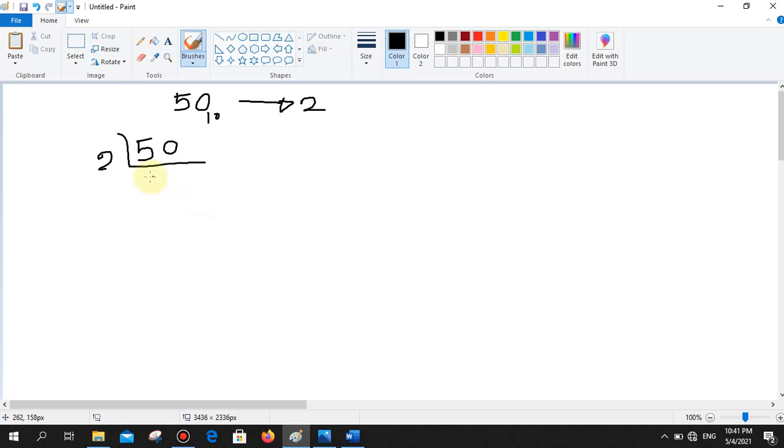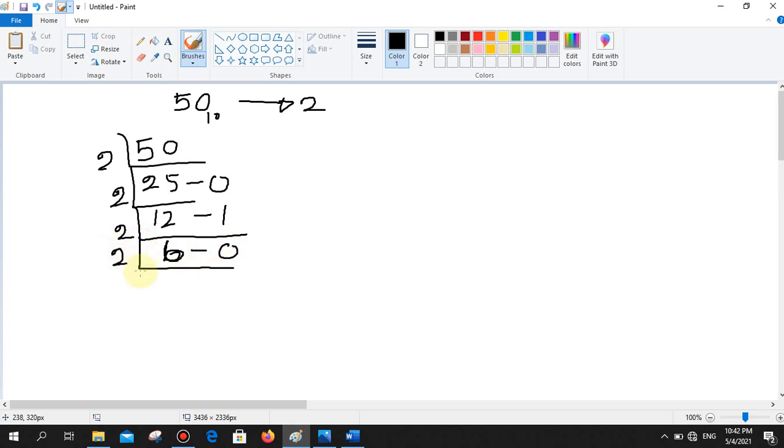After that, the number will be 25, and the remaining is 0. After that, if you divide 25 by 2, it will be about 12 and remaining 1. Then the number will be 6, the remaining is 0.